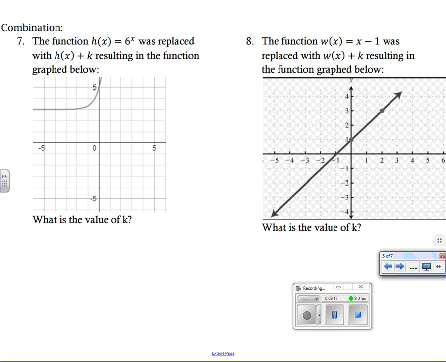All right, flip it over. Number 7. Chuck, read it for us. Good. What is the value of k? So Gracie, what do we have to do when we see something like this? 6 to the x. Very good, Gracie. You got to put a 1 in front. Everybody do that on your paper. Put parentheses and then put a 1 in front. So Ethan G, what is the old one at? So this is the old one.